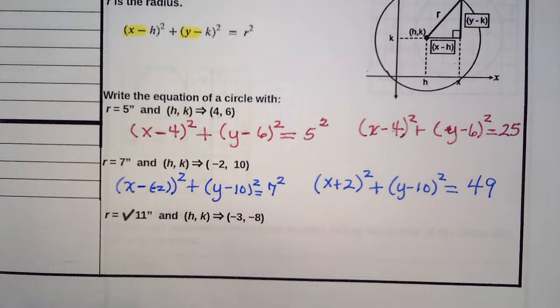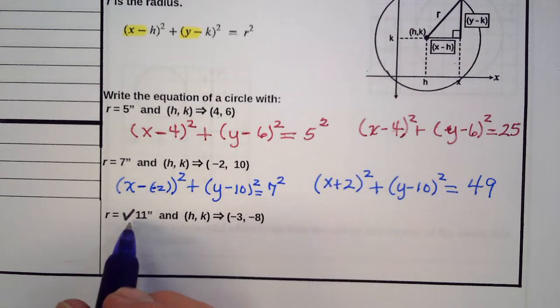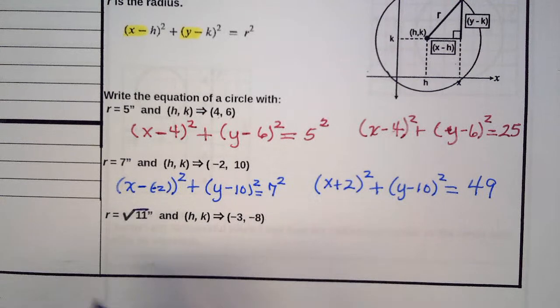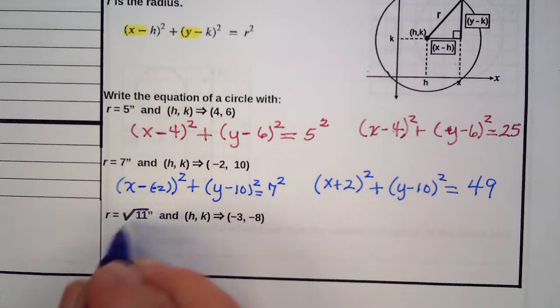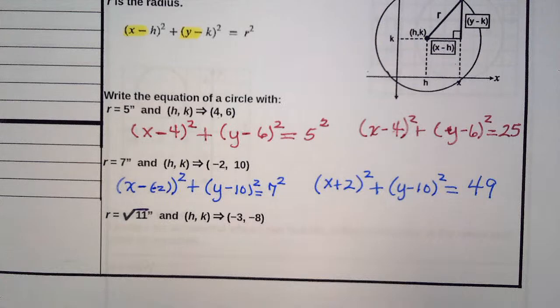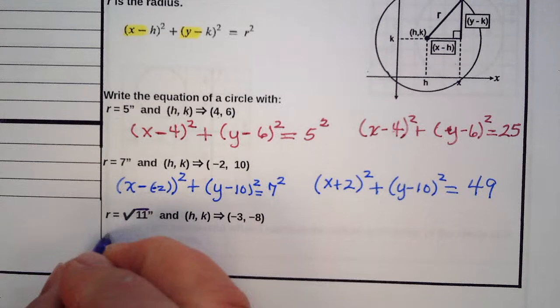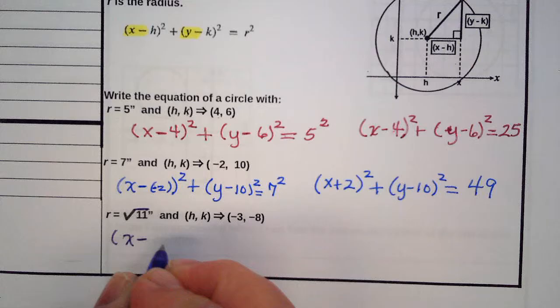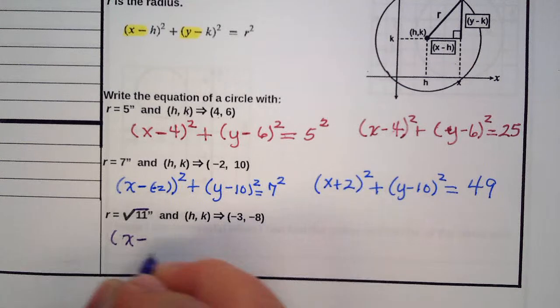Okay, for the last one, (h, k) is (-3, -8), and r is the square root of 11. Should have that over the top. The program I used did not show that. So, x minus, what is my h value? Negative 3.